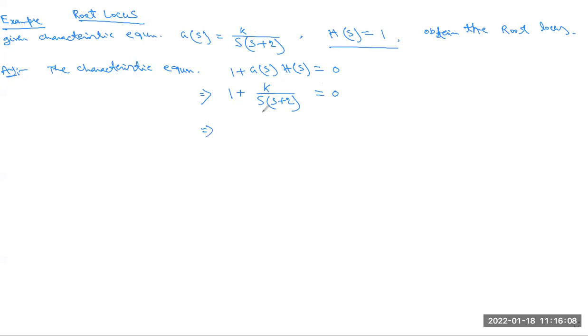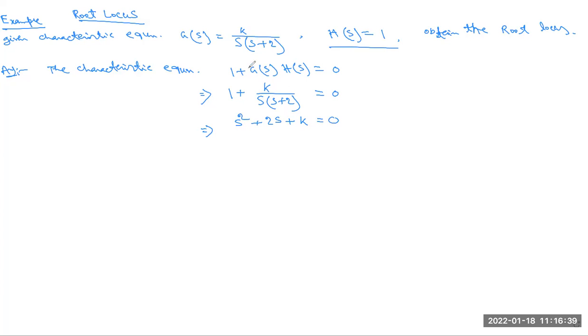Now you have to solve this equation. The equation comes out as s squared plus 2s plus K equals 0. This is the required characteristic equation.